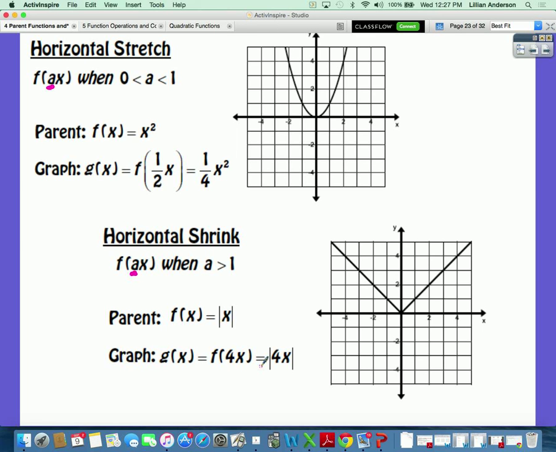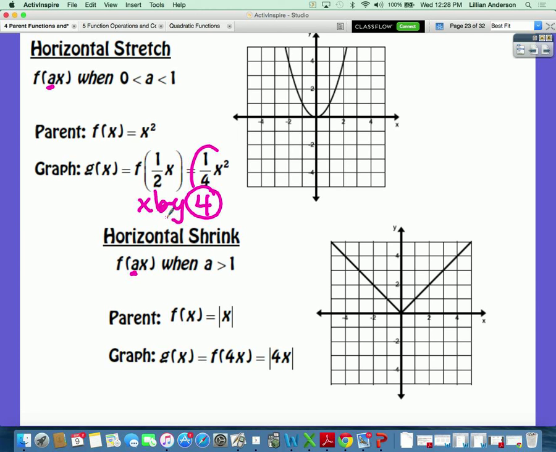Okay? Because it's attached to the x here, we're going to affect our x's. We're going to change our x's. But we're not going to multiply it by 1/4. We're going to multiply all of our x's by 4. It's always the reciprocal when you're dealing with horizontal shrinks and stretches.